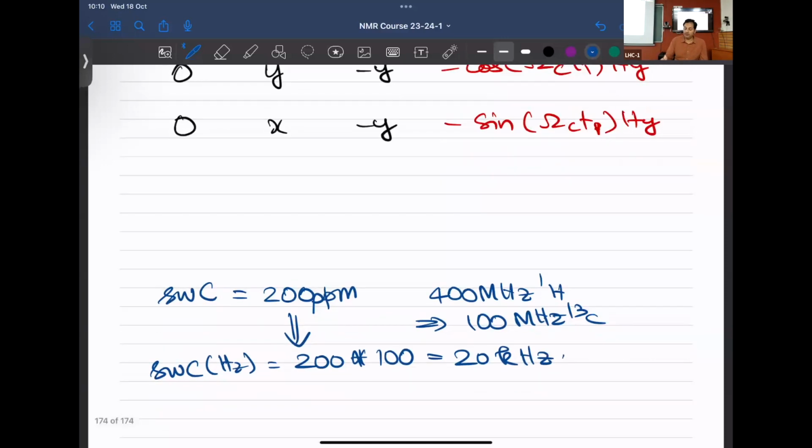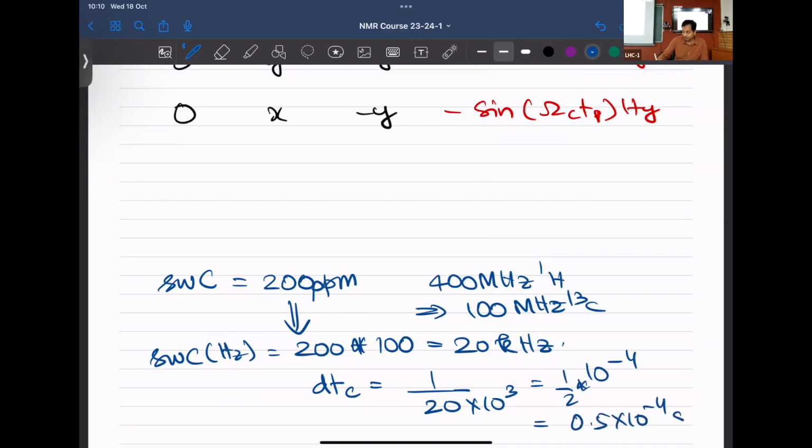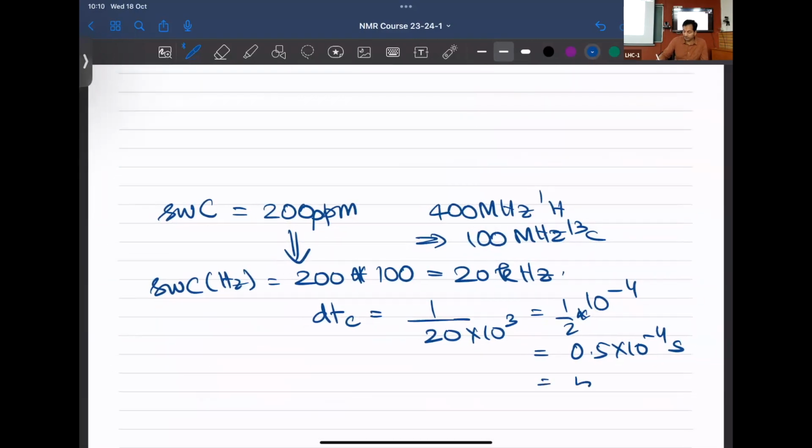Correct? If it's 20 kilohertz, the dwell time on carbon is going to be 1 over 20,000 times 1 by 2, which is 0.5 times 10 to the power minus 4 seconds, which translates to 25 microseconds.